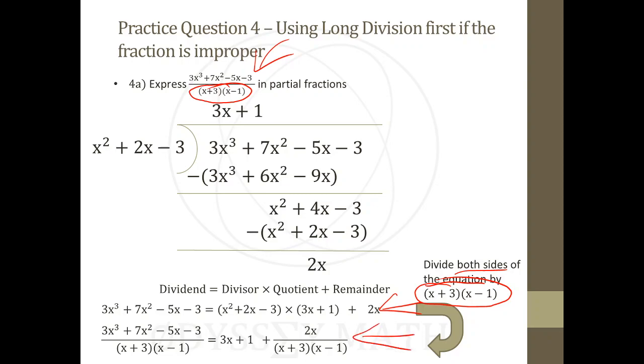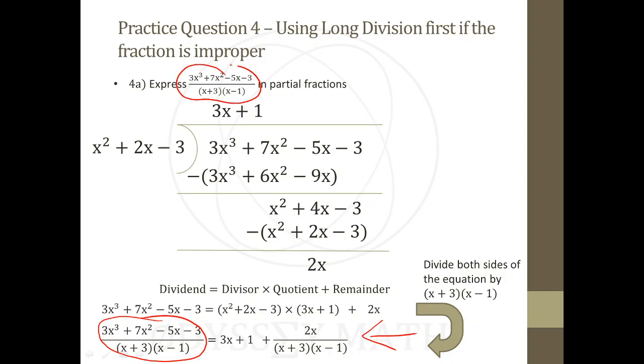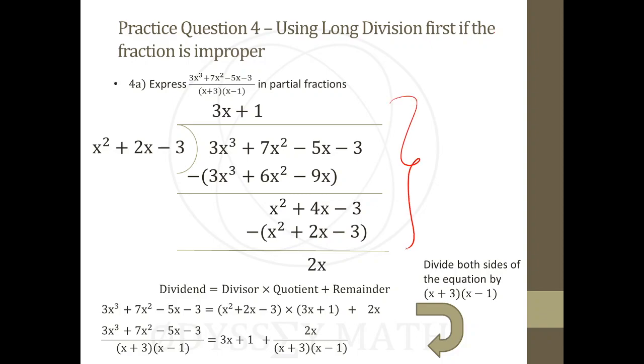Notice that in this equation, this fraction is equal to 3x + 1 + 2x divided by (x + 3)(x − 1). The reason why we do long division is to get this fraction, 2x divided by (x + 3)(x − 1).